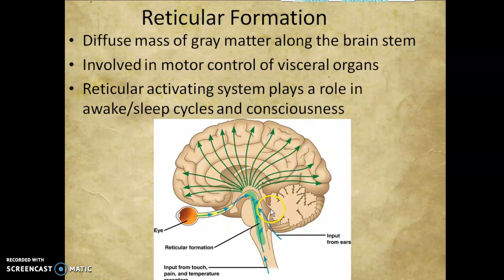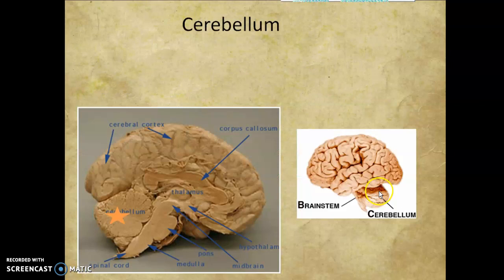Now the reticular formation, or the reticular tissue, is going to play a role in both interpreting the messages. It's also going to help with your sleep patterns and your awake patterns. So when people have sleeping disorders, they'll sometimes look at this area right on the outside of the brainstem. All right, here we go.